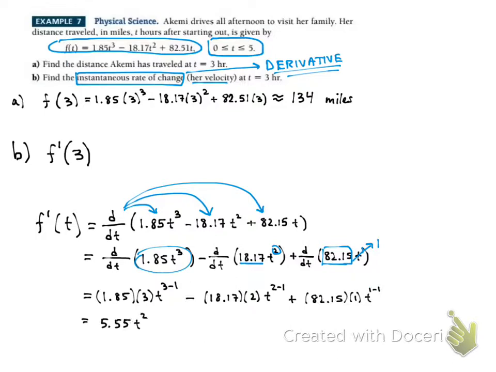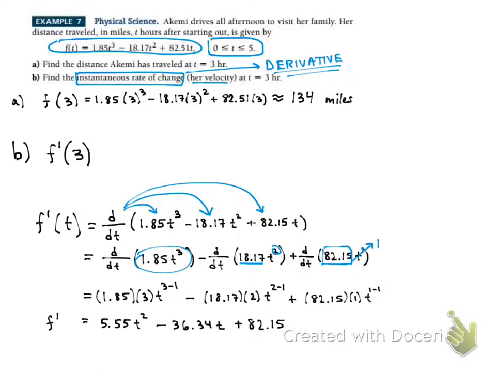Now we can just simplify each of these. 1.85 times 3 is 5.55, so we have 5.55 t squared minus 36.34 times t, and then plus 82.15. Because again, with this last term, we have t to the 1 minus 1 power, which equals t to the 0 power, and anything to the 0 power is just going to equal 1.